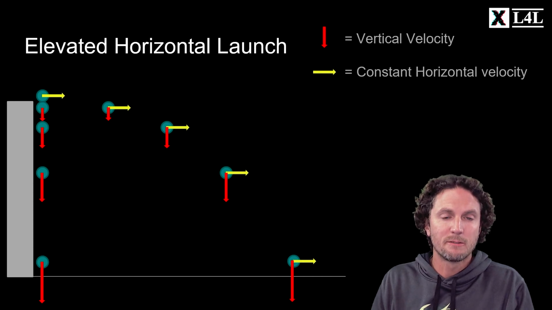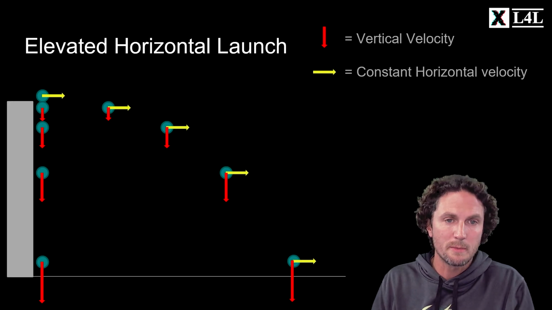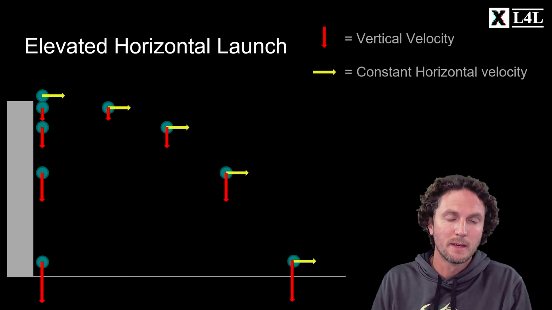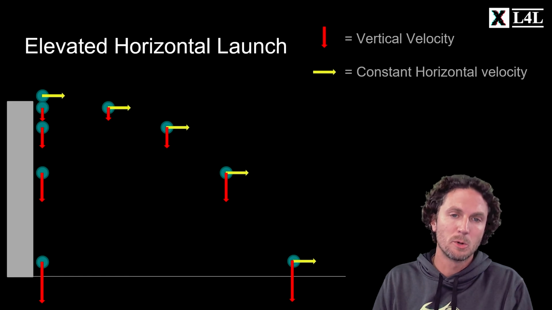That velocity in the vertical direction is exactly the same at the same heights as it was if it was just dropped. But because it has a horizontal velocity, it's also moving in the horizontal direction as it's dropping. And that's creating the back half of this parabolic motion here.